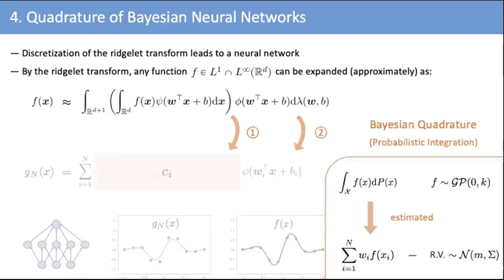But roughly speaking, the aim of Bayesian quadrature is to provide a better estimation of the integral value and a probabilistic interpretation. In Bayesian quadrature, the estimated value of the integral is treated as a random variable following some distribution. Typically, a Gaussian process prior is placed on the integrand f. Because of this prior, the estimated value becomes a random variable following a normal distribution with some mean and variance.